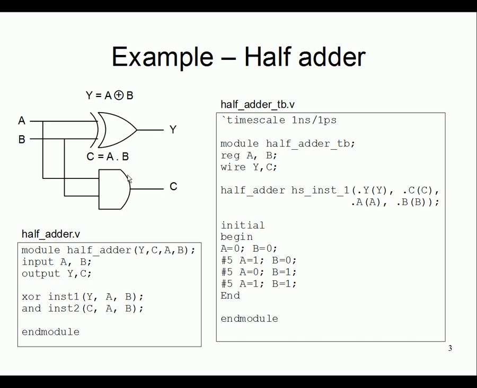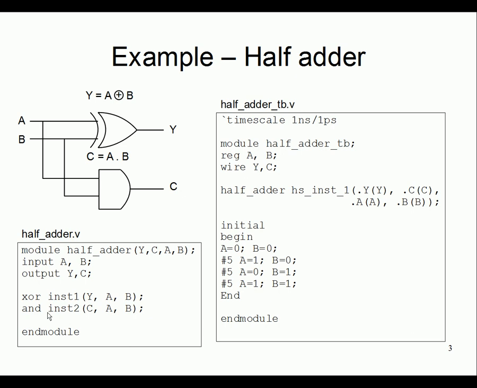So we just start like this: module half adder, like any behavioral description. Then the list of ports: Y, C, which are the outputs, and A, B, the inputs. So we declared input A, B, output Y, C.